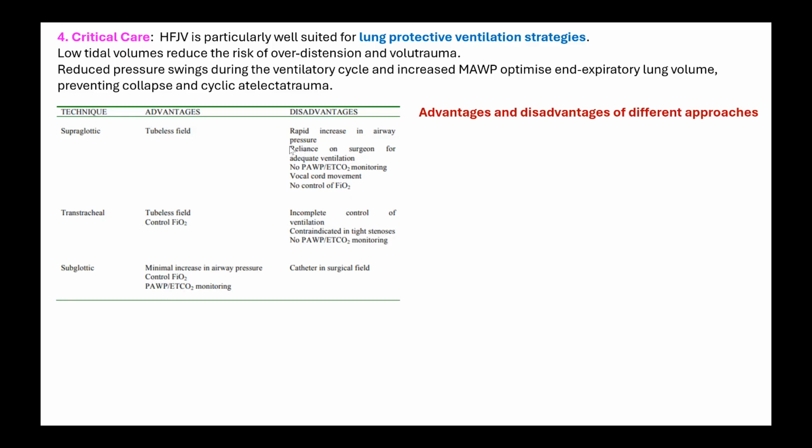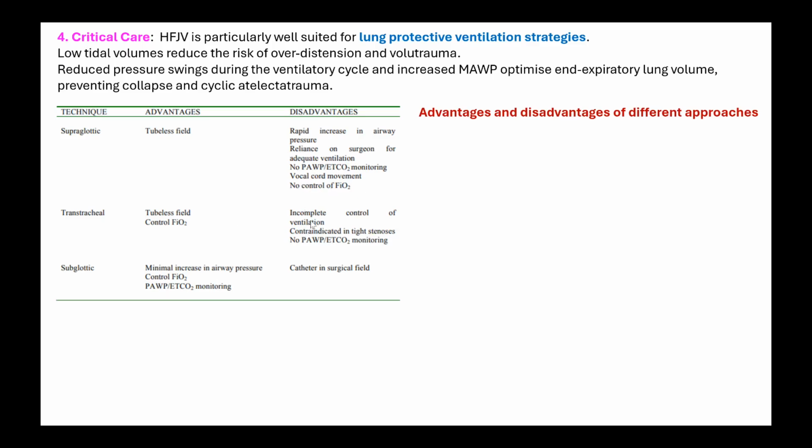The disadvantages are, with the supraglottic technique, a rapid increase in airway pressure, it relies more on the surgeon for adequate ventilation, vocal cord movement slightly can happen, and there is no control of FiO2.